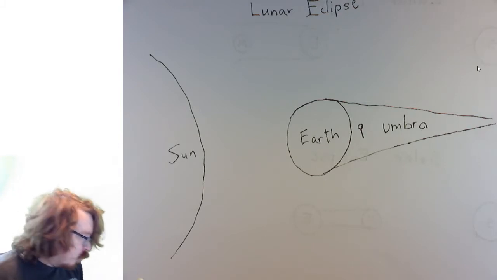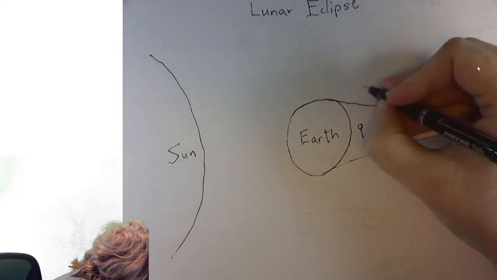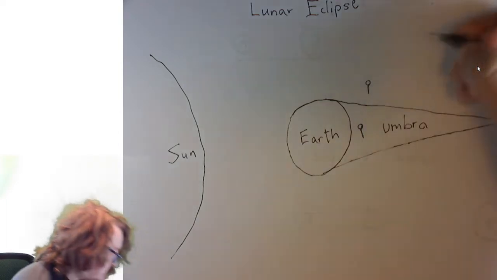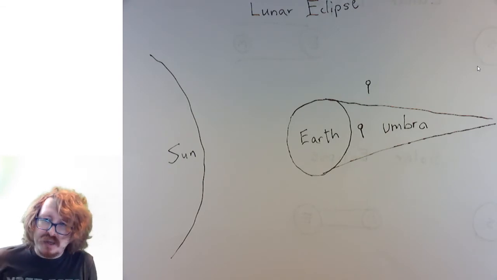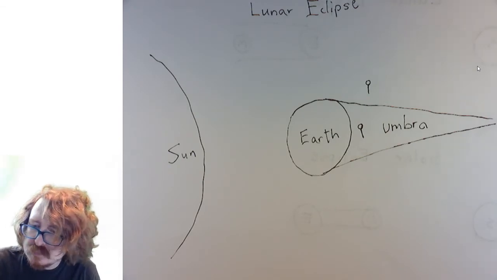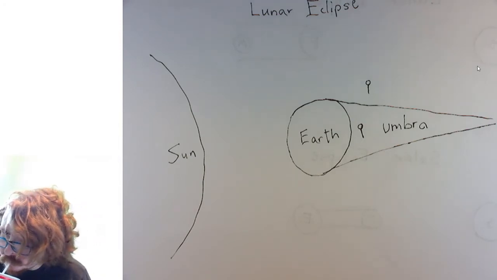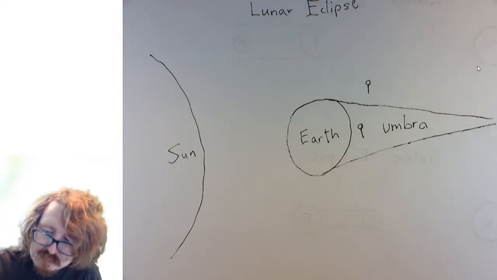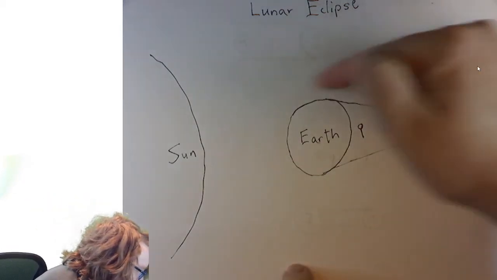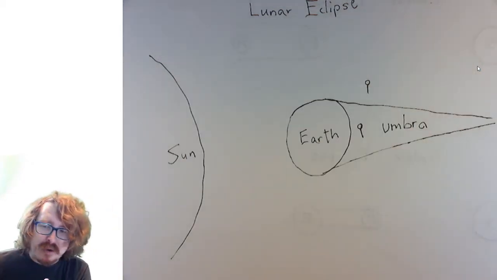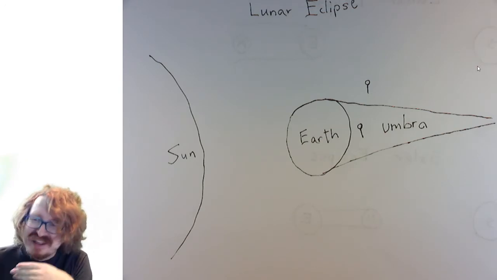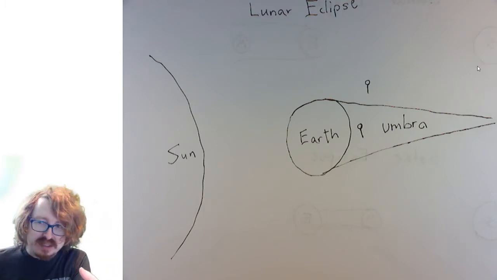Now, what if that person was right here? Can this person see the sun? Yeah, they can, right? If they look straight over here, they'll see the sun. But here's the important part. Can they see the whole sun?